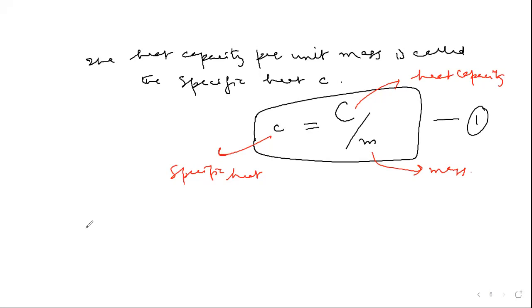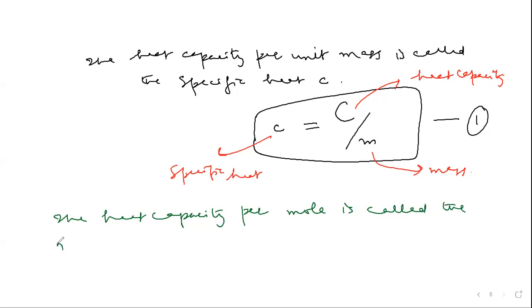We use other kinds of heat capacities also. The heat capacity per mole is called the molar heat capacity.